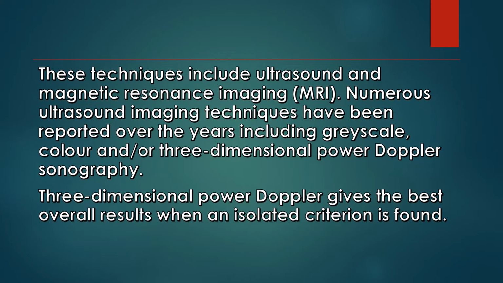These techniques include ultrasound and magnetic resonance imaging, or MRI. Numerous ultrasound imaging techniques have been reported over the years, including grayscale, color, and/or three-dimensional power Doppler sonography. Three-dimensional power Doppler gives the best overall results when an isolated criterion is found.